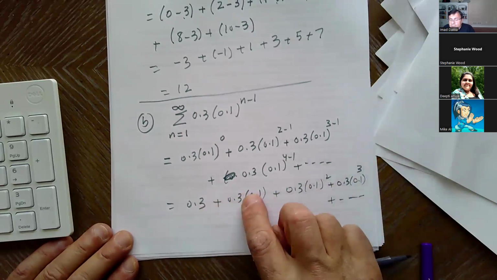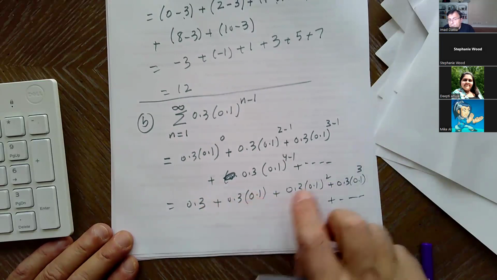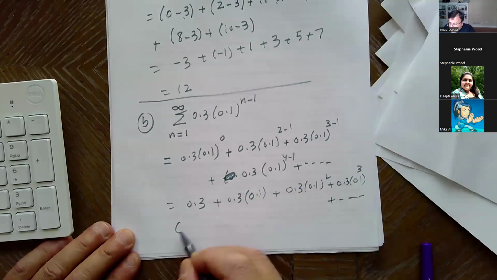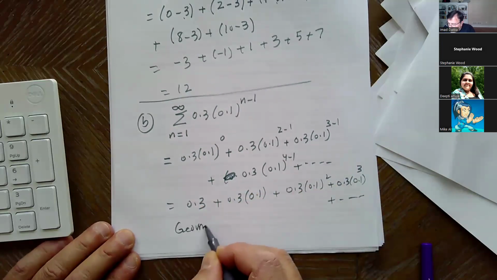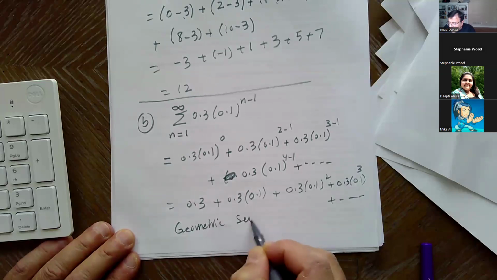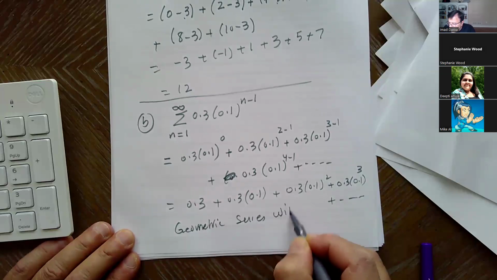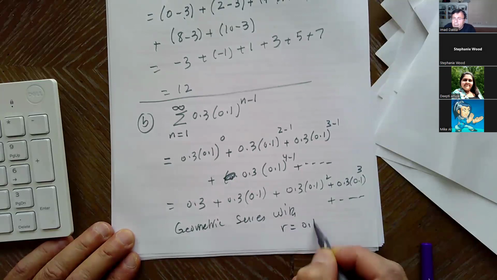0.3 times 0.1 gives me this. 0.3 times 0.1 times 0.1 gives me that. So it's a geometric series. And what's the common ratio? Is it 0.1? Yeah?